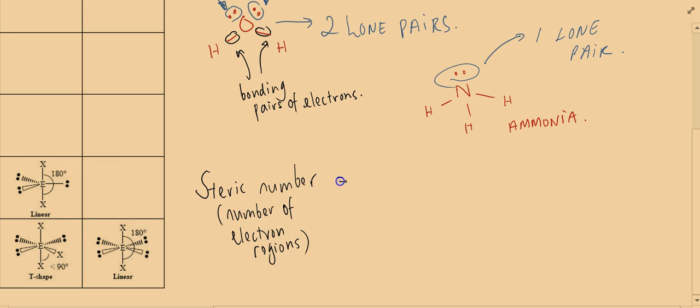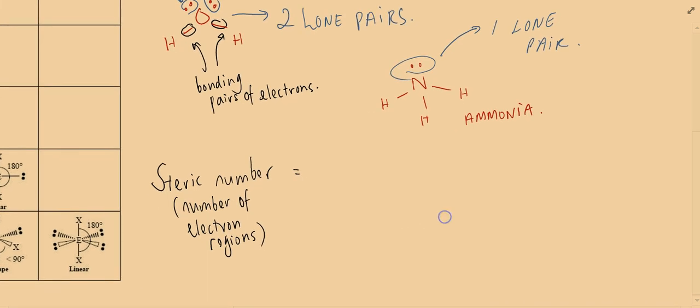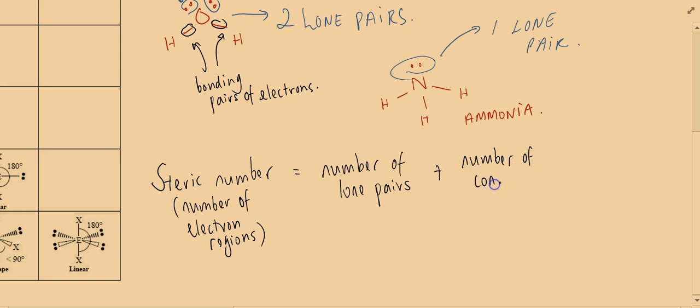The easiest way to define this, perhaps this is not so much a definition as it is a way to solve the steric number. But the steric number is the number of lone pairs plus the number of connected atoms. So the number of atoms connected to the central atom.